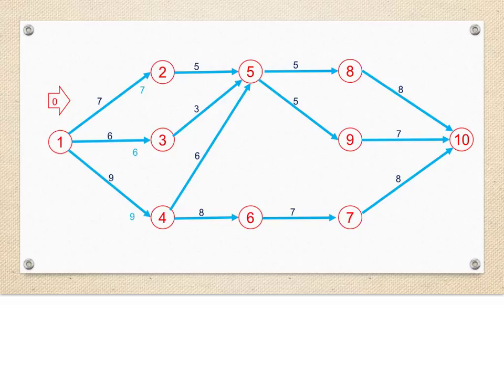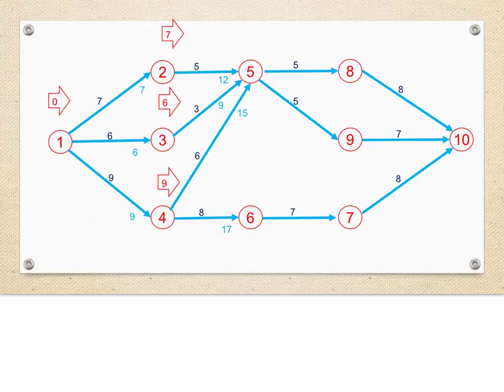We then add the duration of all the tasks coming out of event 1, and we get earliest finish times of 7 for task 1-2, 6 days for task 1-3, and 9 days for task 1-4. These values then become the earliest start times for their subsequent event nodes.